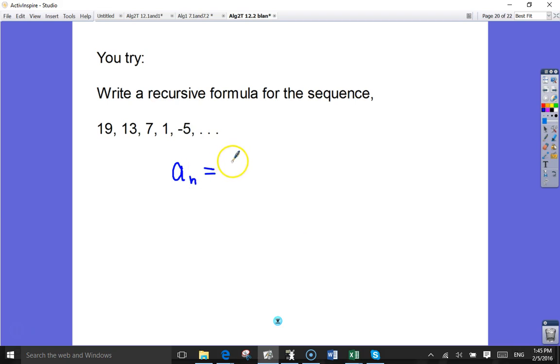A_n equals, what goes after the n minus 1? Minus 6, right? d is negative 6.